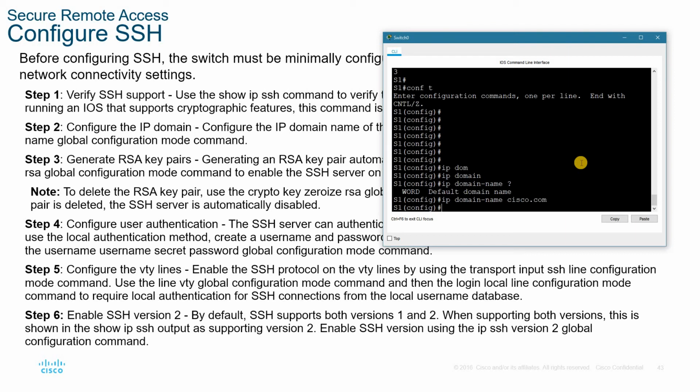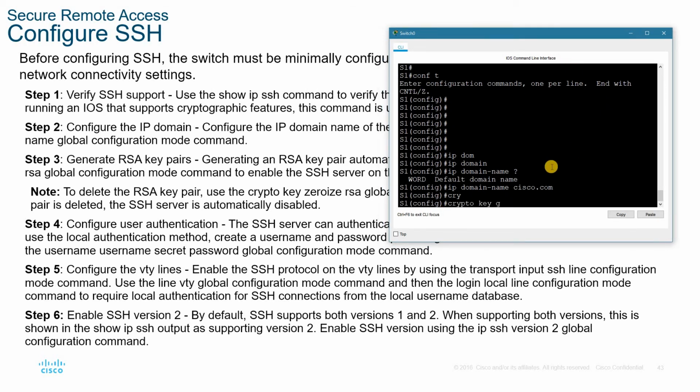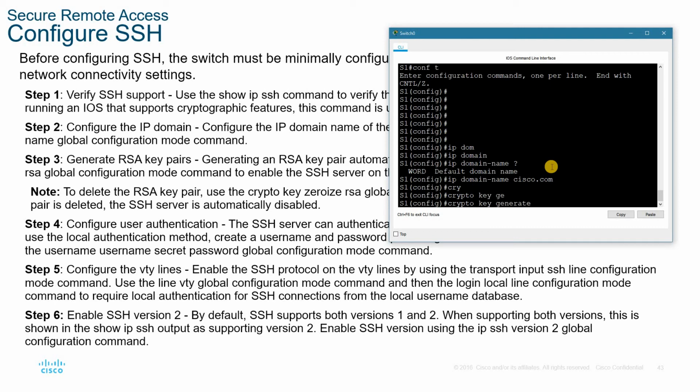And then after that, step 3, we're gonna configure and generate RSA key pairs. So we're gonna do that. So the command is crypto key generate rsa. Alright, crypto key generate rsa.